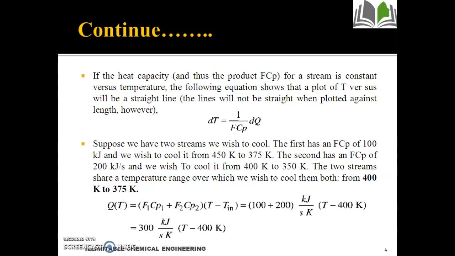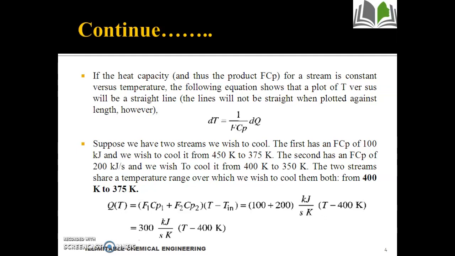Means if the heat capacity is constant through the streams, the equation can be written as delta T equals 1 upon FCp, which is constant, multiplied by delta Q.